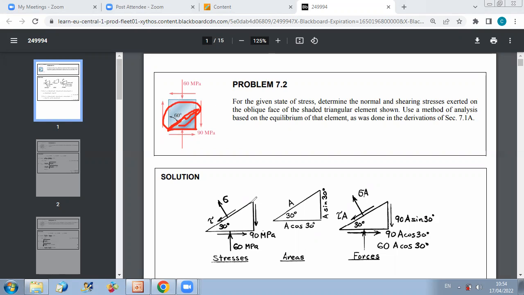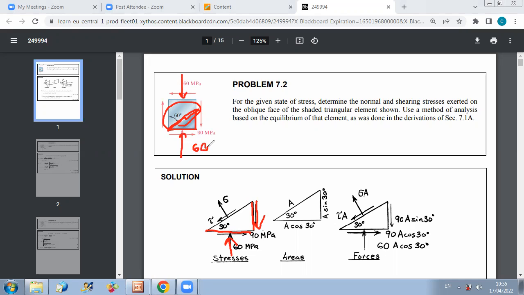So if we plot our triangle, we have three faces. For this face, we have a downward shear force of 90 megapascal. For this face, we have both shear and normal stress. The normal stress is given to be 60 megapascal. And because here they gave you this stress is 60, due to equilibrium, of course, this one will also be 60.